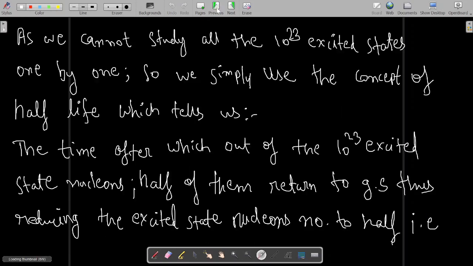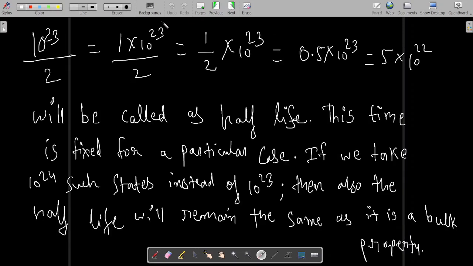The time after which, out of the 10 to the power 23 excited state nucleons, half of them return to the ground state, thus reducing the excited state nucleons number to half, that is 5 into 10 to the power 22, will be called the half life.